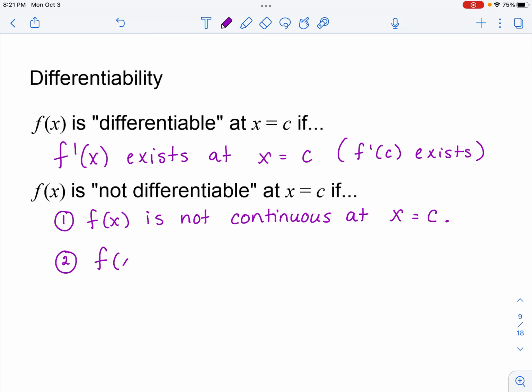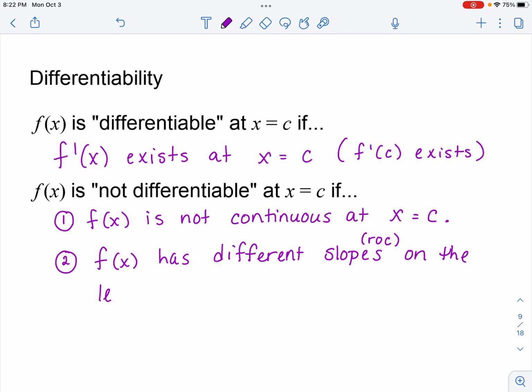Second, f of x has different slopes. Remember, slopes are rates of change, okay? So I'm going to write that rate of change on the left and the right of x equals c.